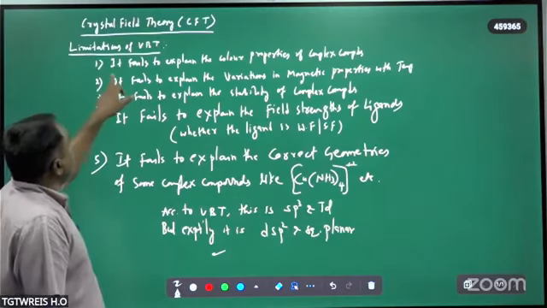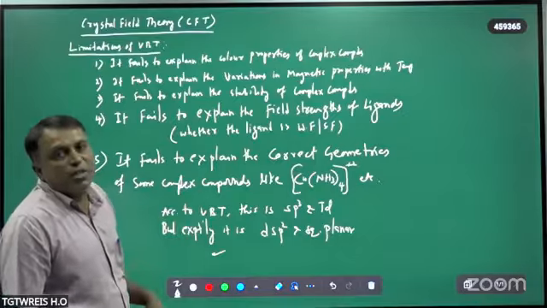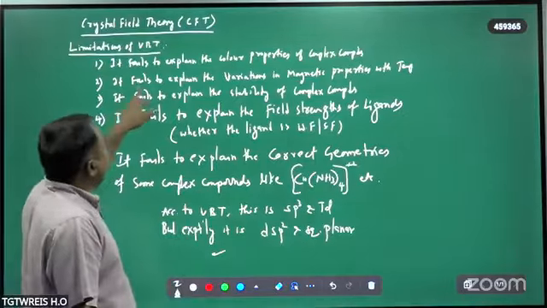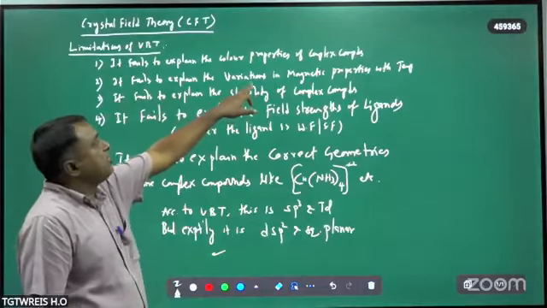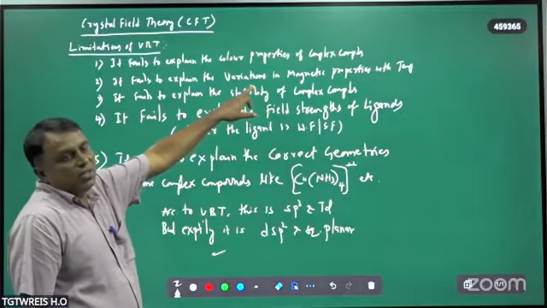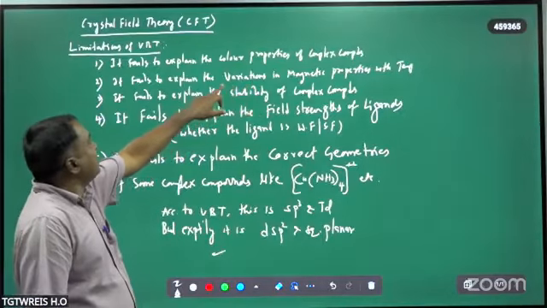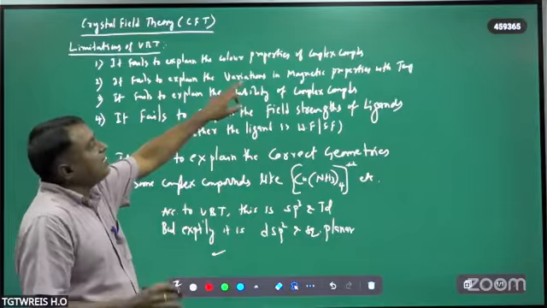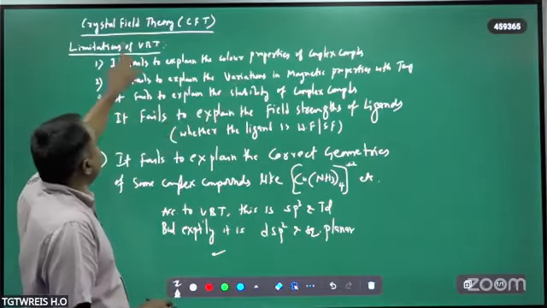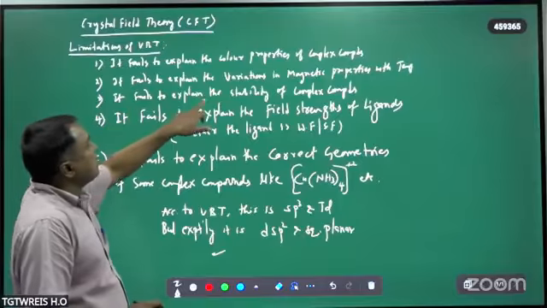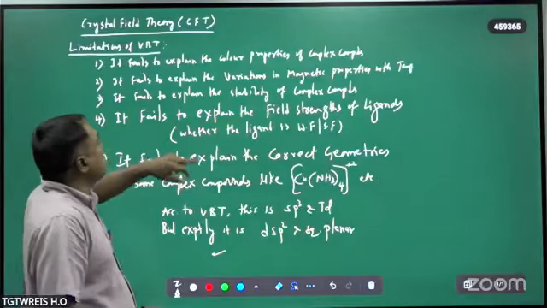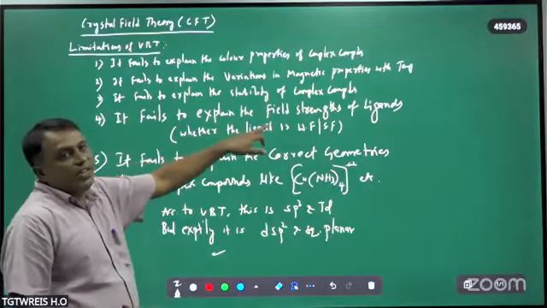What about the first one? It fails to explain the color properties of complex compounds. It fails to explain the variations in magnetic properties with temperature. Magnetic properties vary with increase or decrease in temperature, and that cannot be explained by valence bond theory. It fails to explain the stability of complex compounds. It fails to explain the field strengths of ligands.